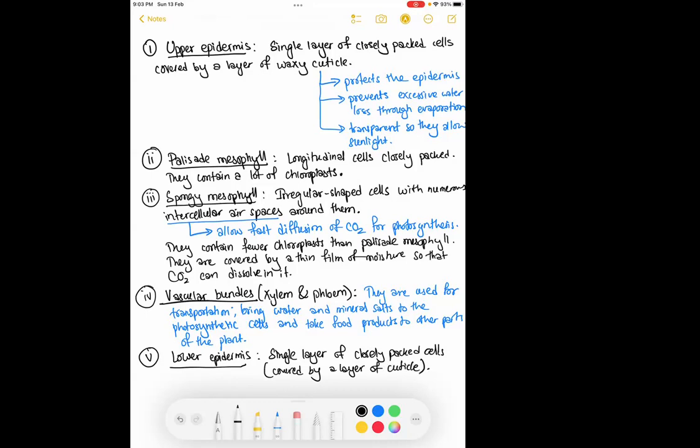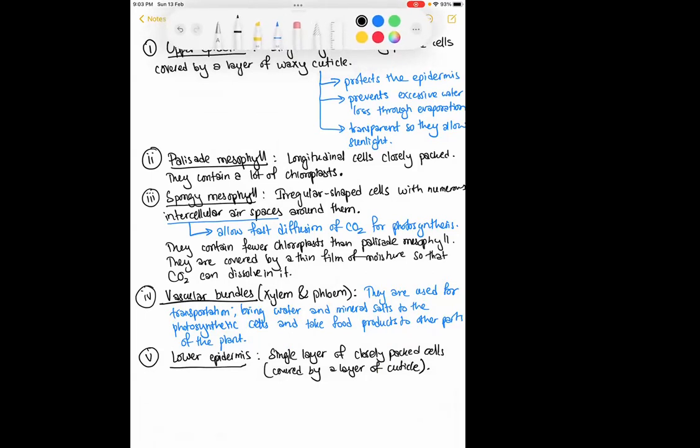Okay, that's optional. Now let's talk about guard cells, because we are going to study them in detail. That is number 6. Guard cells.